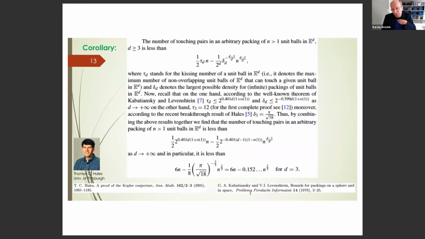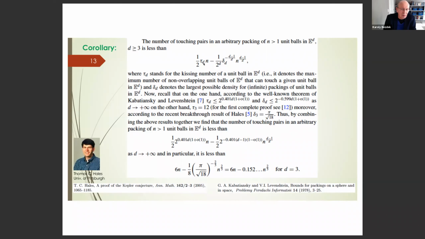And this is briefly written on this slide. So as you see here, in higher dimensions, the formula that I showed on the previous page is translated into this formula. Tau d is the analog quantity of the Hadwiger number.